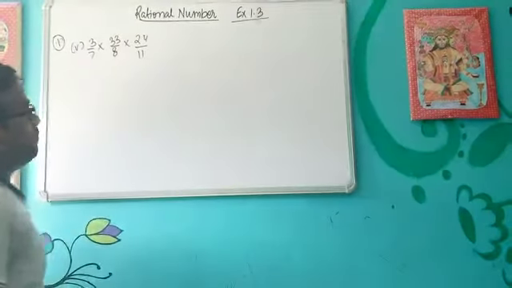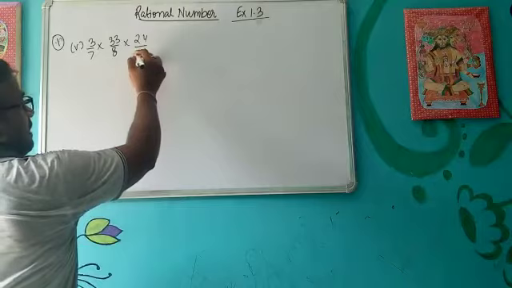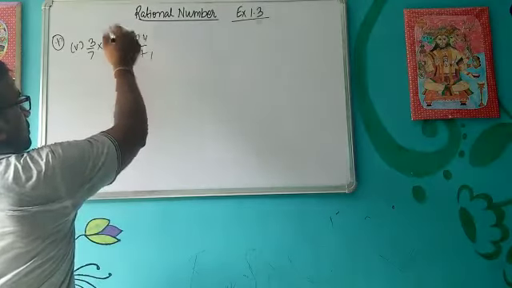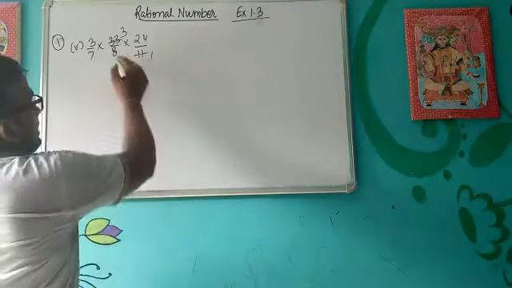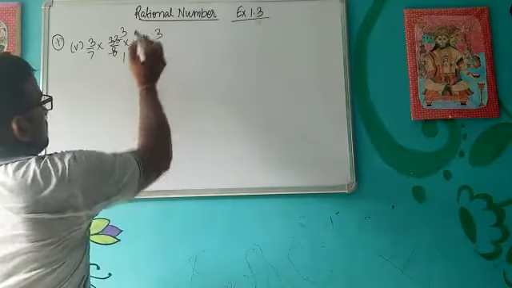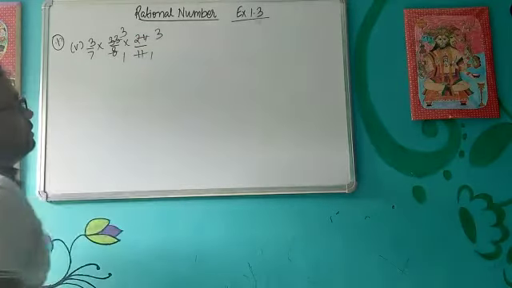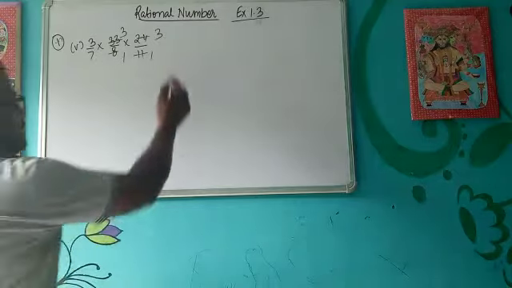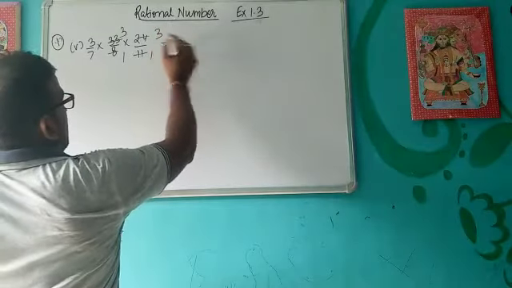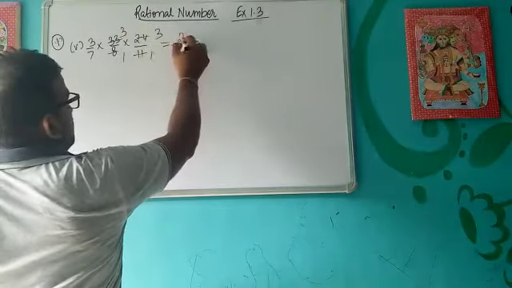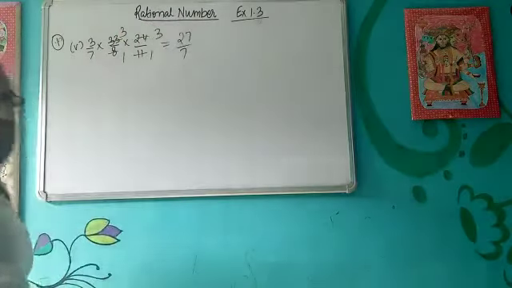First we will try to simplify it like this: 11 into 3, then 8 into 3. Now you cannot do further simplification, so you just simply multiply. You will get 3 into 9 into 3, 27 upon 7.